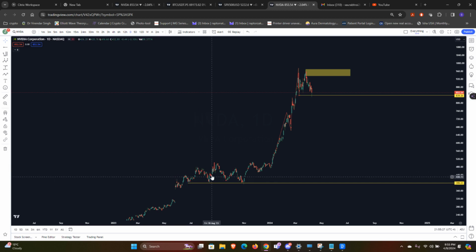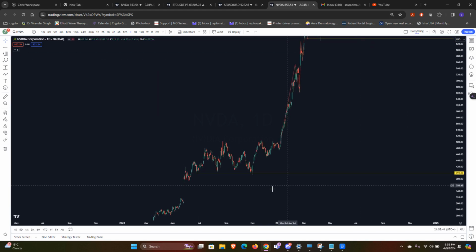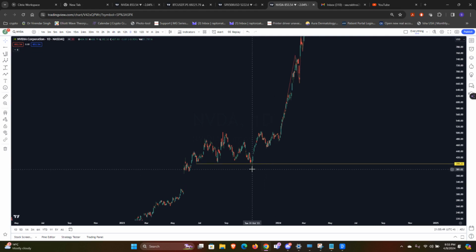If you know about Wyckoff, this is a model 2 Wyckoff distribution pattern. But these are not confirmed distributions until and unless we change the market structure on significant time frames. Maybe the proper candle body close below the significant low. In this scenario, it would be this one.